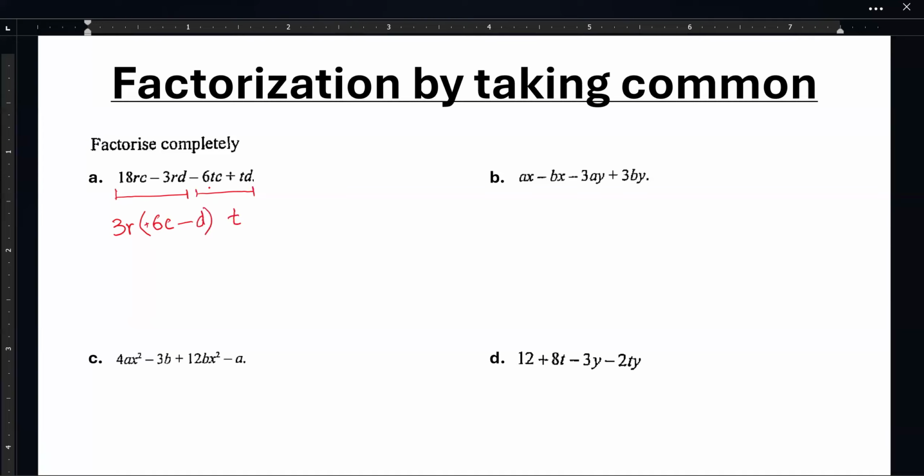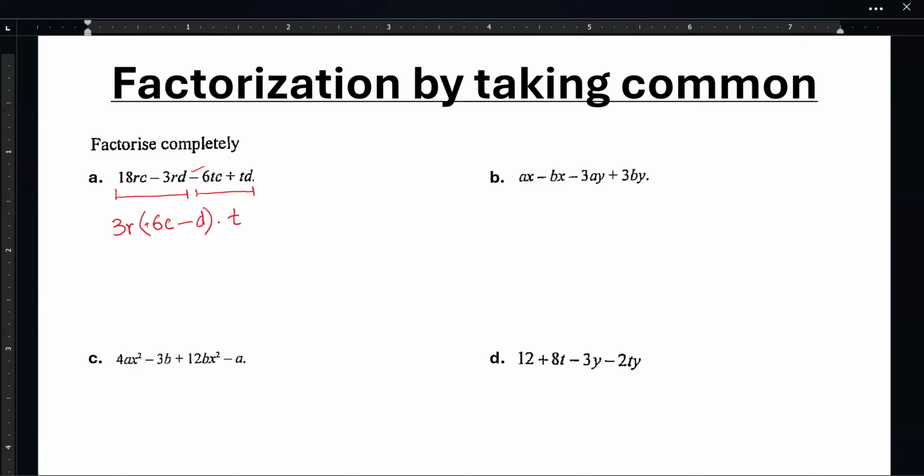But if you look at the last 2 terms, we have 6TC. If I take T common, my 6C becomes negative, right? And it should be positive. I repeat, it should be positive. That is why I decided to take minus as well.